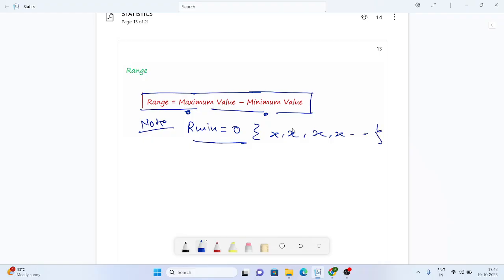Even if the minimum and maximum values are negative, the minimum range is 0 only when all the values are equal. So in conclusion, make a note: range is always greater than or equal to 0.